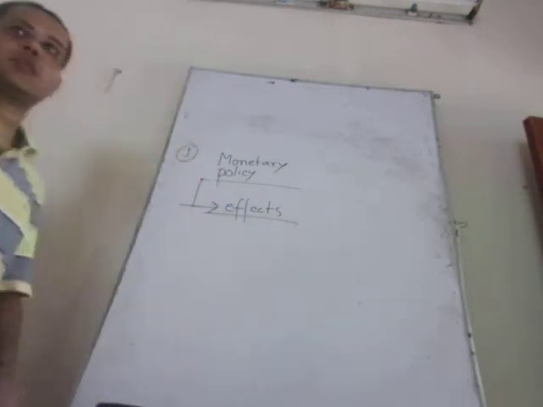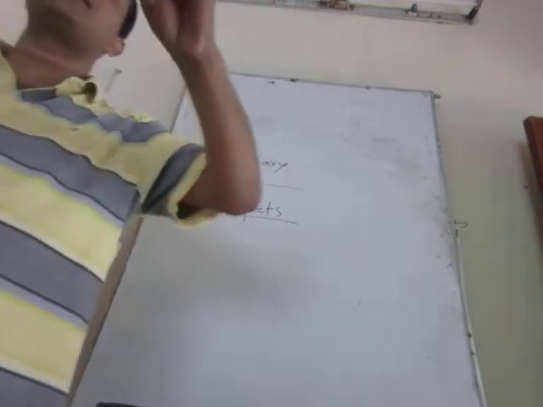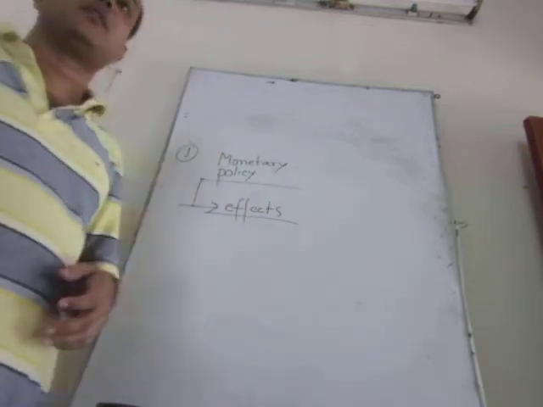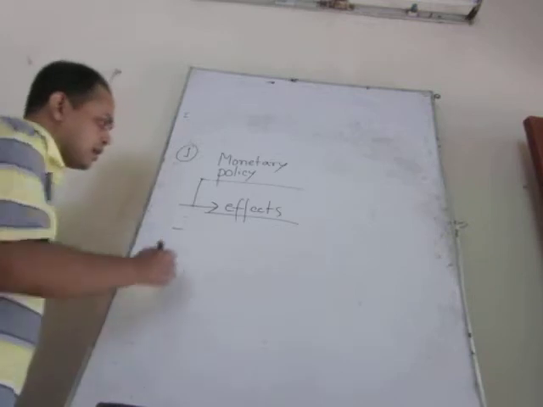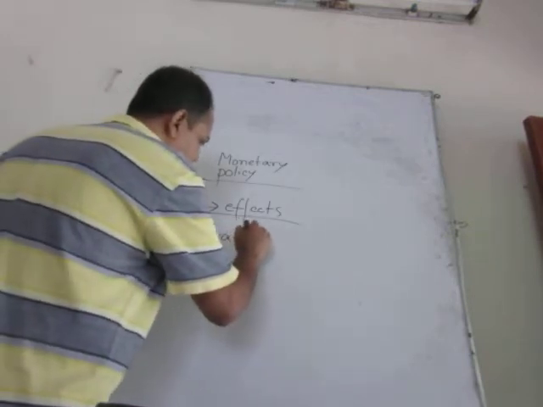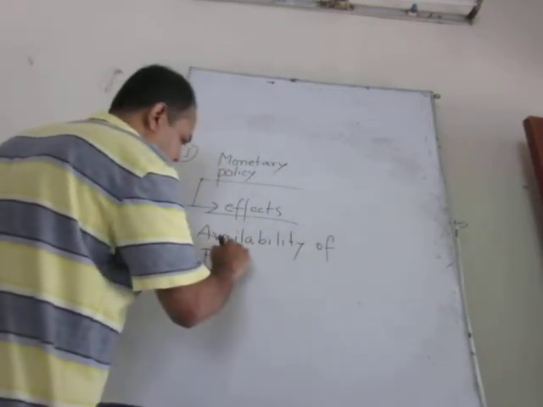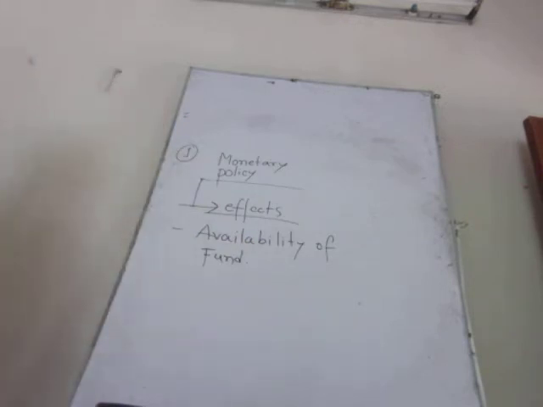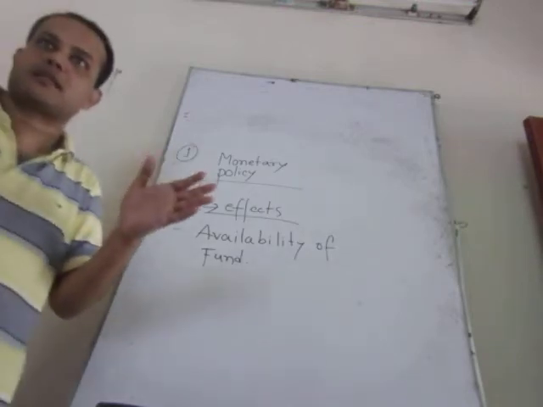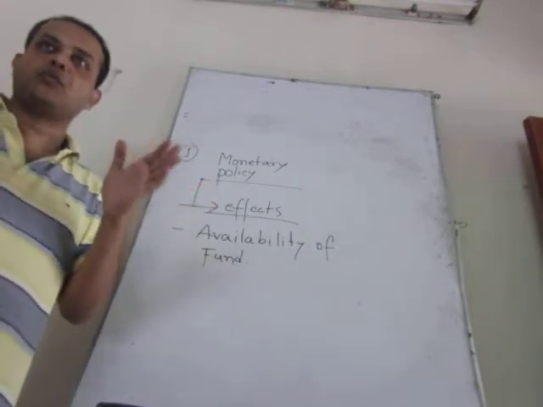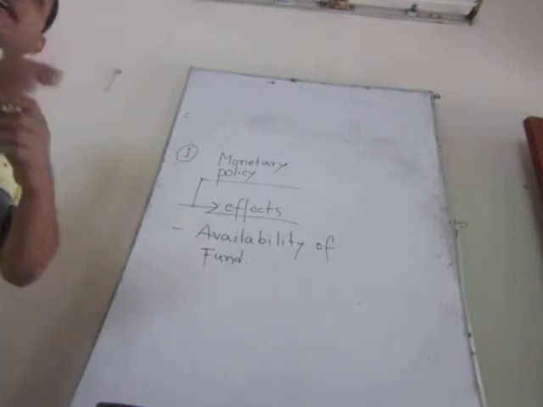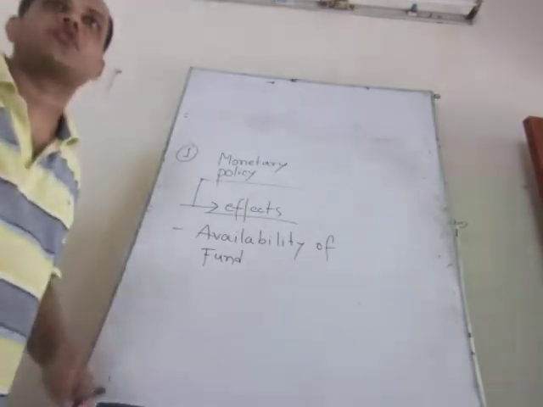Now, effects. What are the effects of monetary policy? So when the government intervenes or steps forward with the monetary policy, there will be several kinds of effects on several economic variables. See, number one, through the banking sector, the government can put boundaries so that a small amount of loanable fund will not be available.